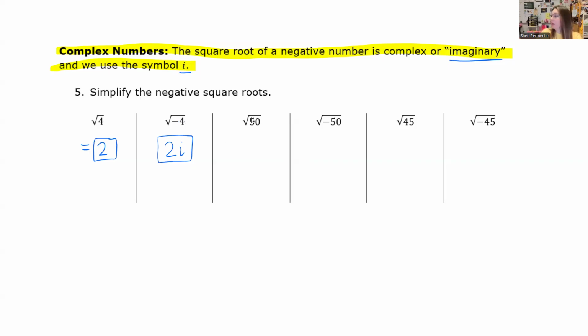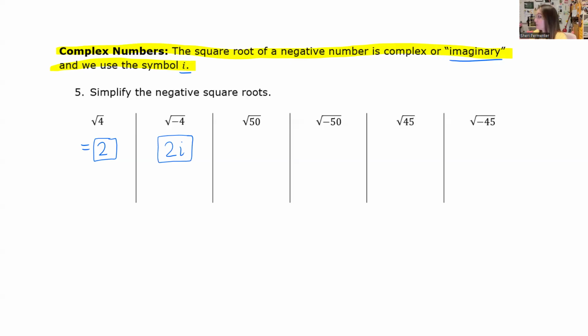Next, square root of 50. If you're looking at your perfect squares chart, 50 is not there because nothing times itself equals 50. But square root of 50 is a very common square root and it can actually reduce. So if you look down the perfect squares chart, is there a perfect square that can divide into 50? 10 or 5, neither one of those are perfect squares.